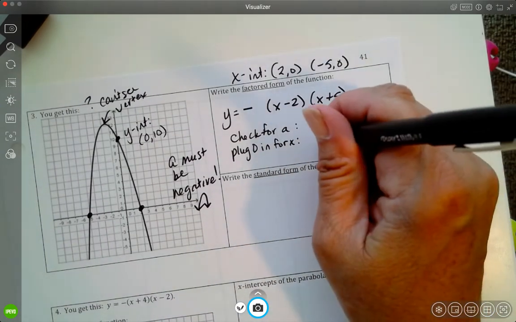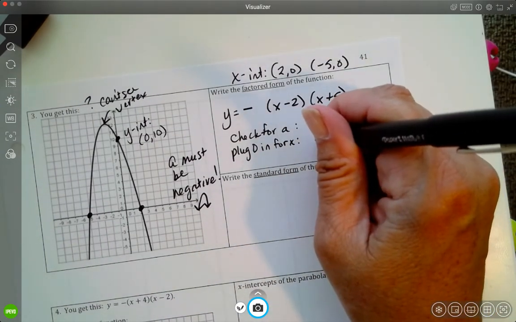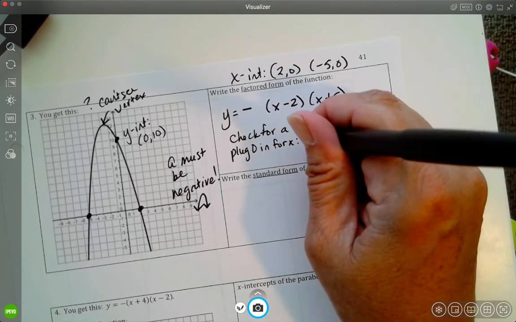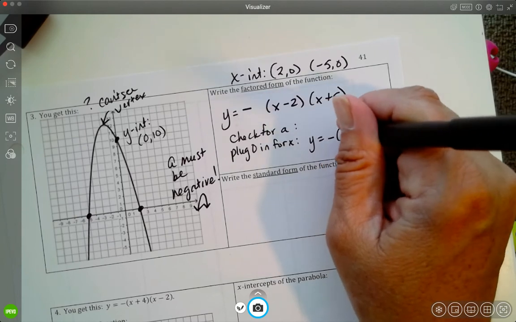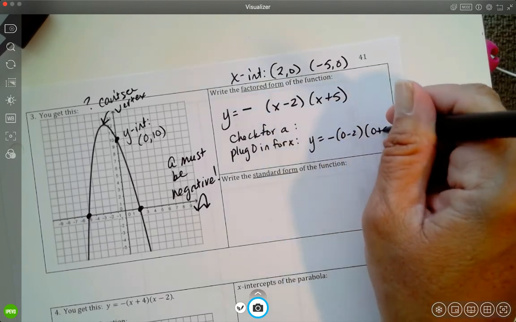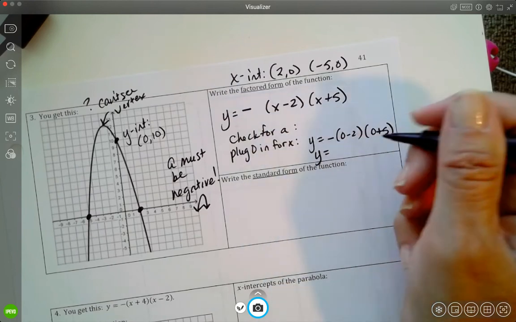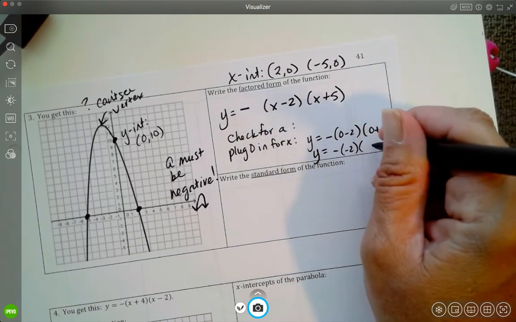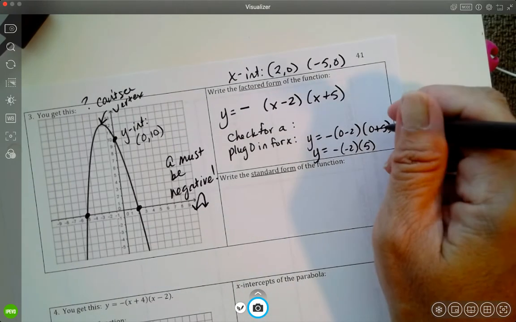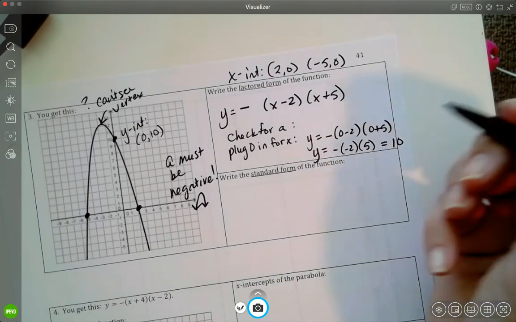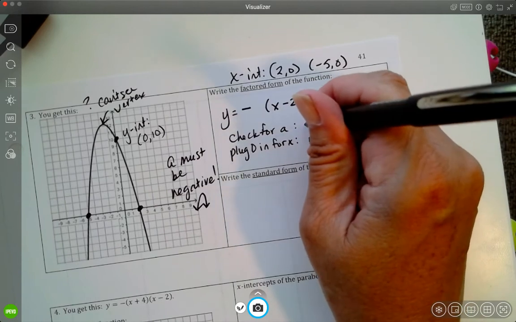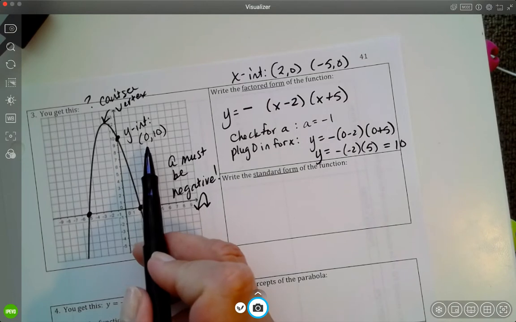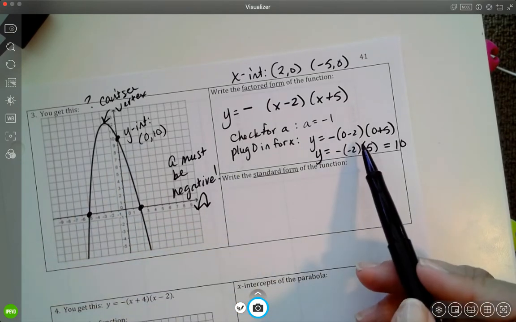If my y turns out to be 10 with the given equation, then I know I'm good. So y equals negative, 0 minus 2, 0 plus 5, y equals negative 2 times 5. So negative 2 times 5 is 10. Okay, we're good. So I know that a equals negative 1 because my y-intercept was 10, and my equation worked out for that. Okay, so this is my factored form.